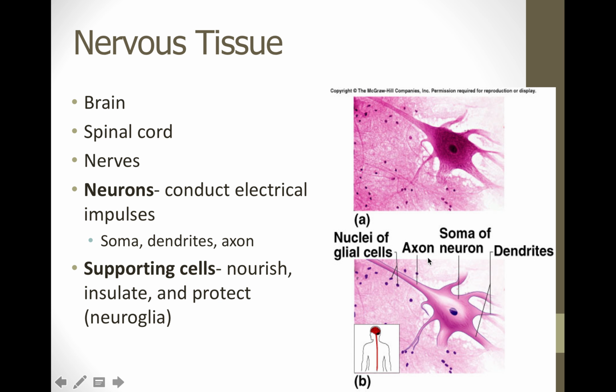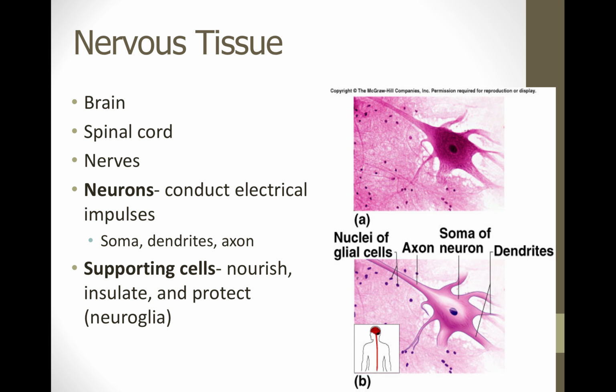Now what you also notice is in the background you have a lot of tiny dots that form the background of the nervous tissue. These cells are known as the supporting cells or neuroglia, and their job is to basically provide nourishment, insulate and protect your neurons, so your neurons have the ability to control and coordinate body activities.